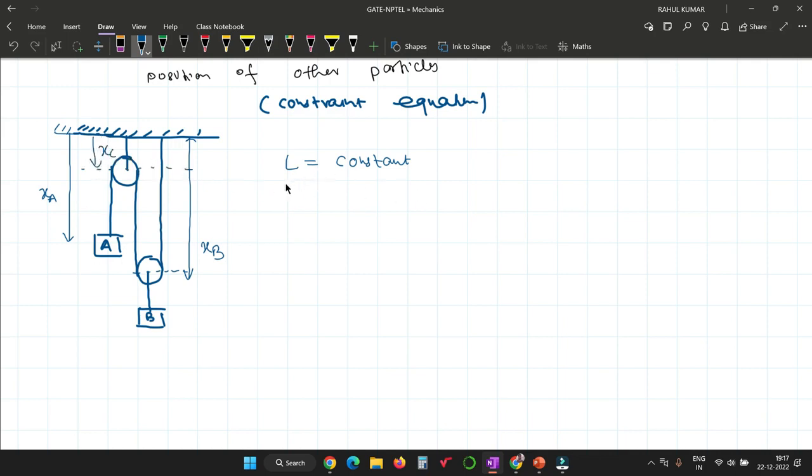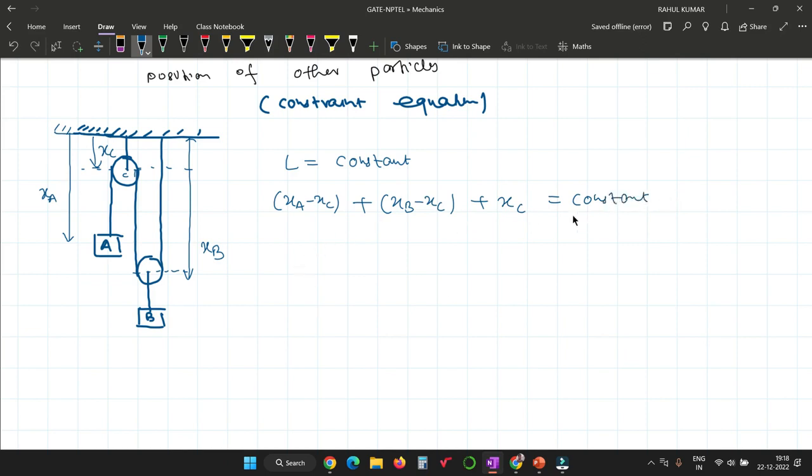Now I want to determine the length L of this string. That is XA minus XC, right? And the length of this string is XB minus XC, right? And this is XC, equal to constant.